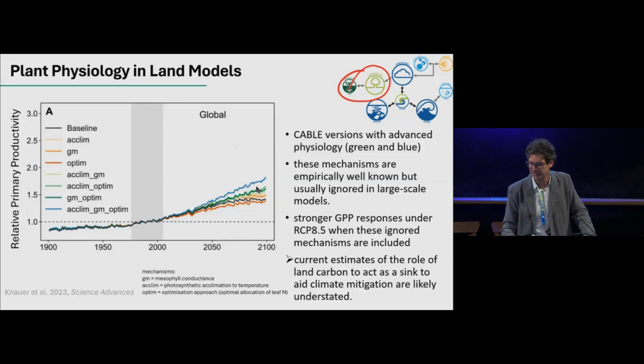And that primary productivity results in greater uptake by the land carbon sink. But all this physiology is ignored in the models that we're using to calculate future carbon trajectories. So the implication here is that we may be underestimating the land sink of carbon, and that by putting this new physiology into the global model, we can improve that plant physiology, improve the estimates of carbon uptake.